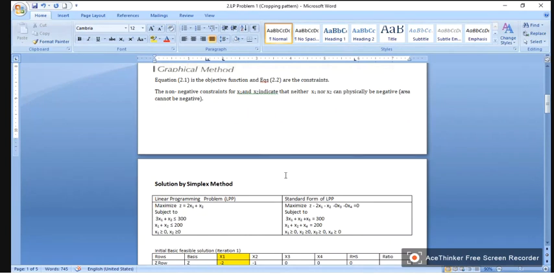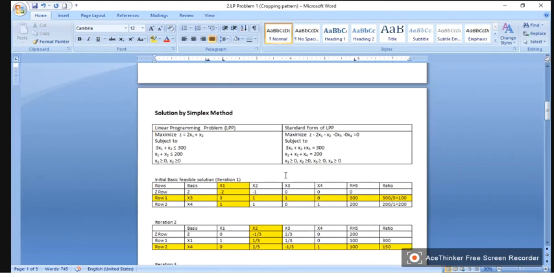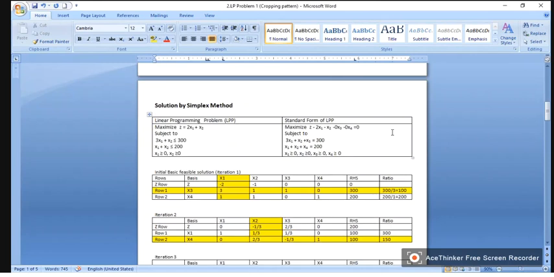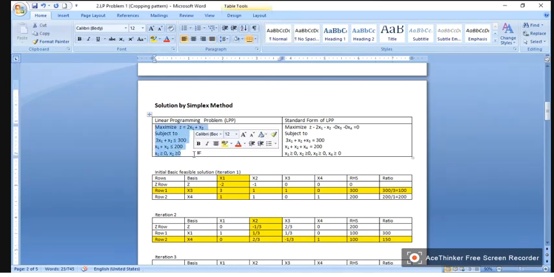You can see in 3 steps, in 3 tables, we could find the solution. Okay. So what you have to understand is like this. This is the problem written in mathematical form, as a linear program.